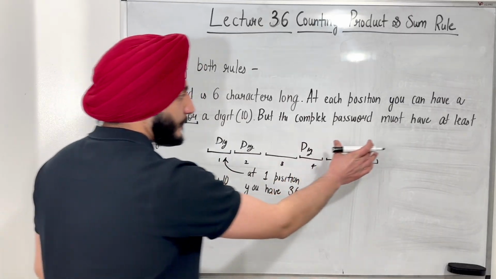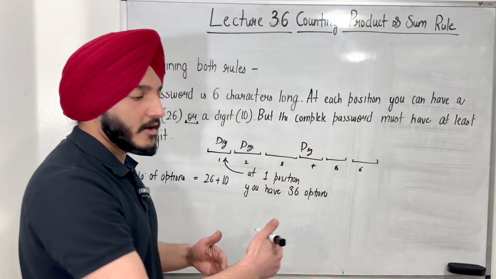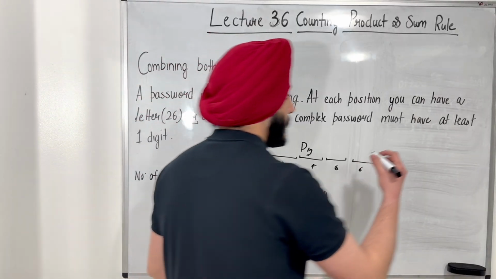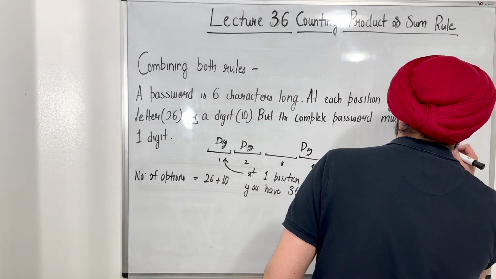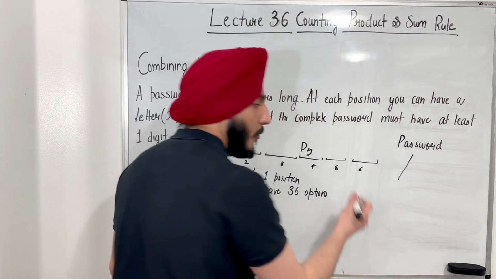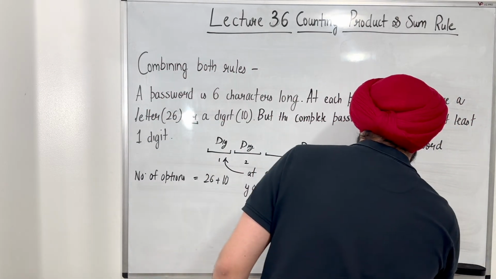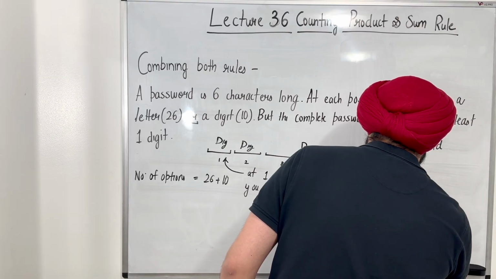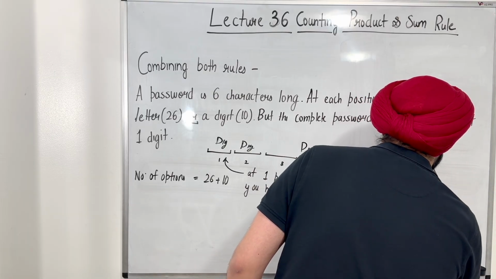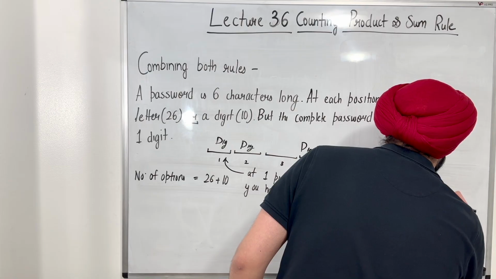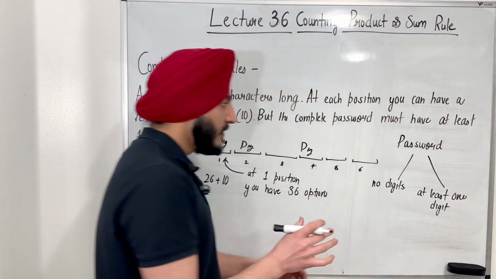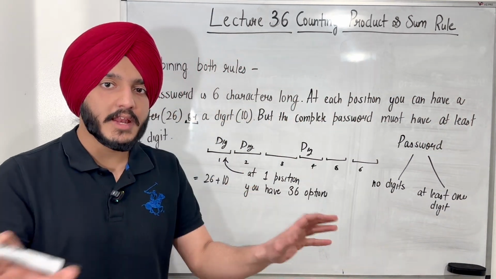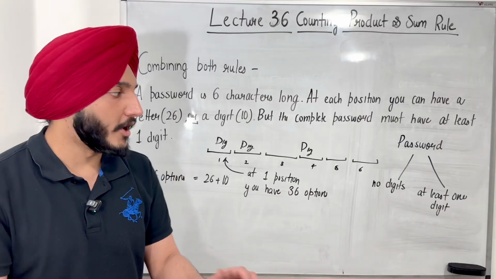The password can be separated into two different types. So if I have a password, one option is no digits. Second is at least one digit. What I'm trying to say is the passwords can be divided into two types, which don't overlap.